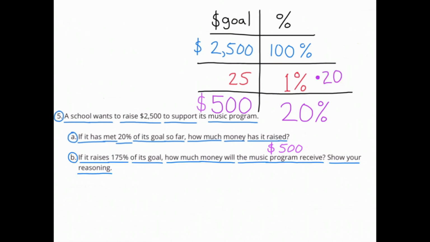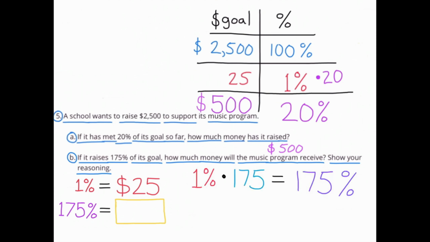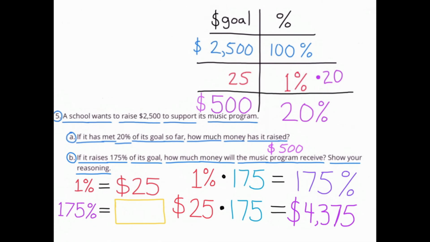B. If it raises 175% of its goal, how much money will the music program receive? Show your reasoning. Let's use the information that we discovered while using the table. 1% equals $25, and we can multiply this 1% by a number to get 175%, and we'll multiply 25 times that same number to get the unknown amount. 1% times 175 equals 175%. 25 times 175 equals 4,375.